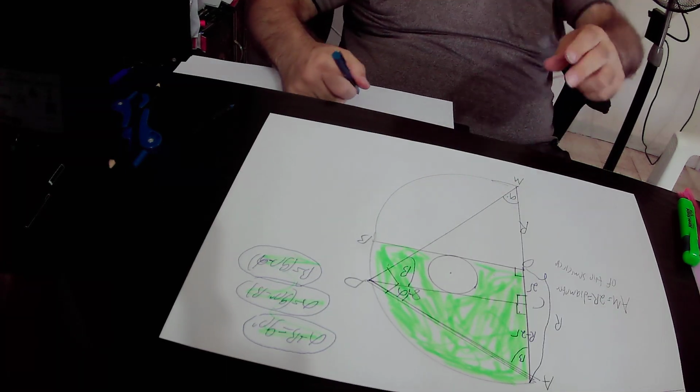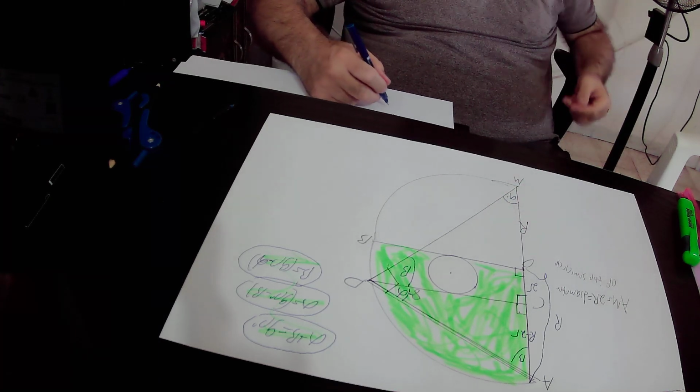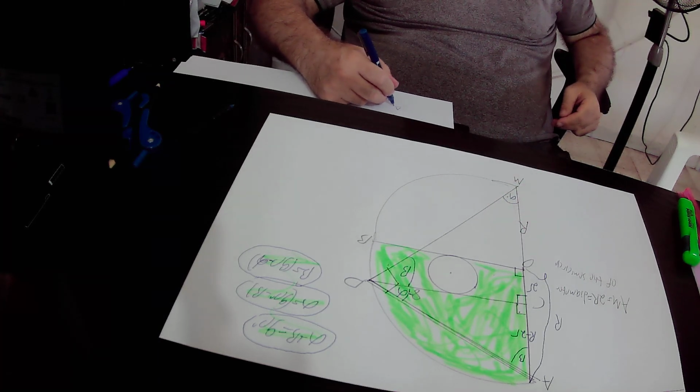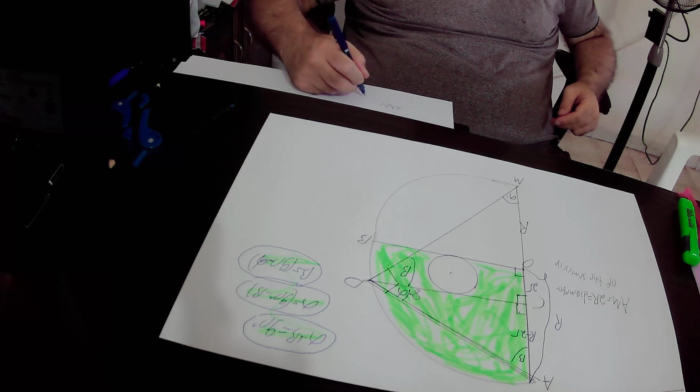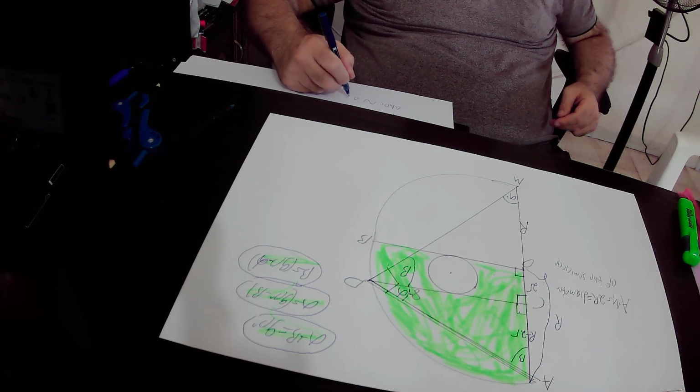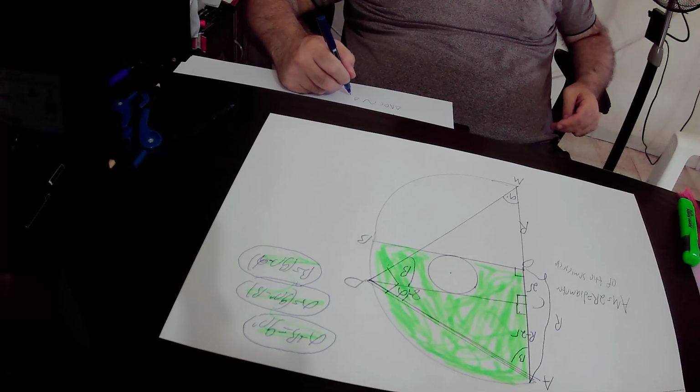So we actually found out that those two right triangles are similar to each other according to the angle similarity rule.